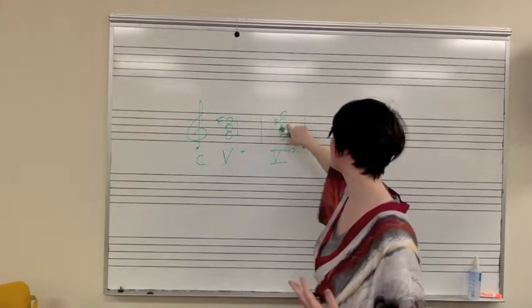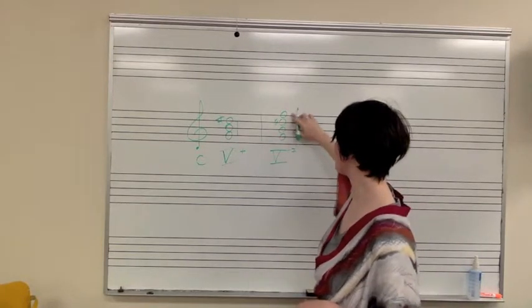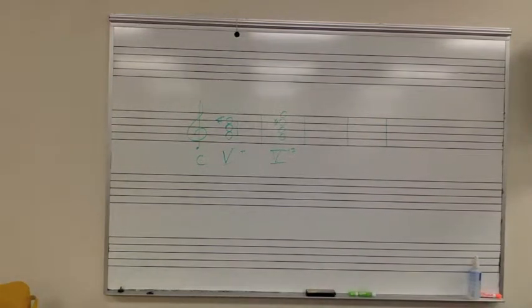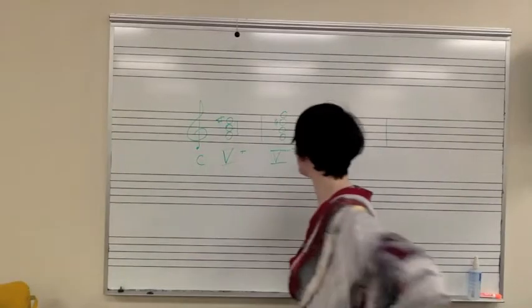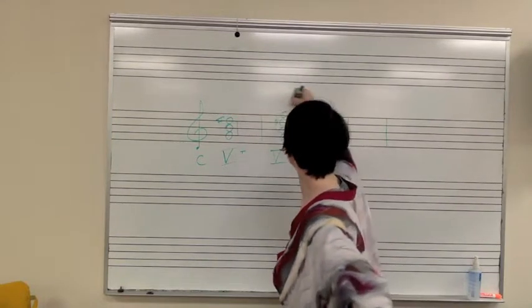So you've got a really small diminished third right here between the D sharp and the F natural. And it's going to sound like this. So for these 2 chords, all you're doing is raising the 5th.